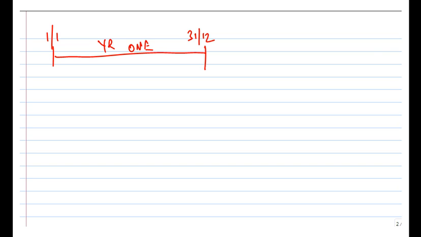And obviously at the end of 1 year you get the beginning of the next year, so we then get year 2, which will run from 1st of January through to the 31st of December of the second year. And we've just got to make sure that we're matching transactions to year 1 if they relate to year 1 and year 2 if they relate to year 2, not necessarily when the cash occurs.